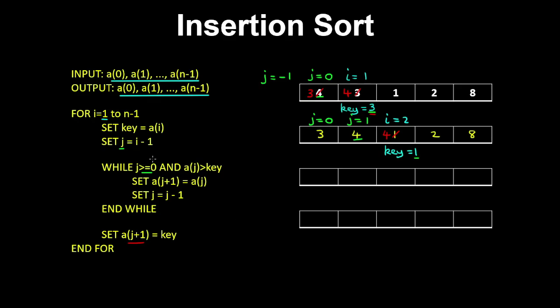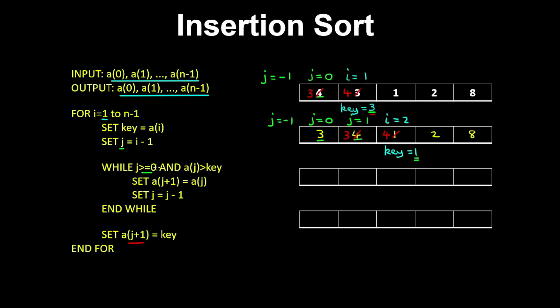And then j is greater than or equal to 0, and the element at j is greater than the key. So therefore the element at j plus 1 is set to the element at j. And then j is decremented again, so it's now equal to -1.